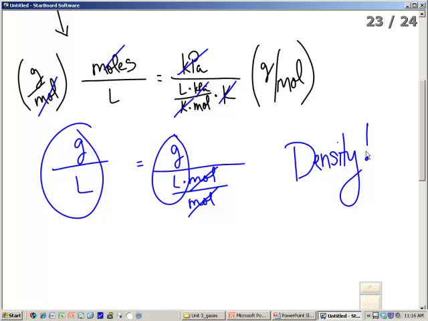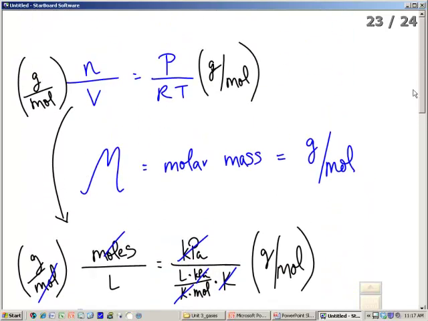If you look at the very end conclusion, basically the formula becomes this. Check this: density is equal to pressure times molar mass, and I'm going to use the fancy M now, over RT. Look back at the original thing that I was showing you up here. See this right here?